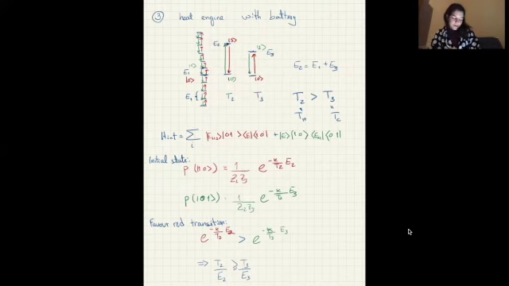And it's going to be, again, the same. So in order for this engine to be reversible, the gap between these two quantities must be very, very small. So ideally, they would be the same.